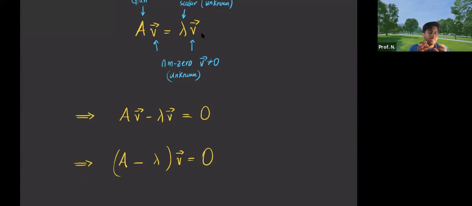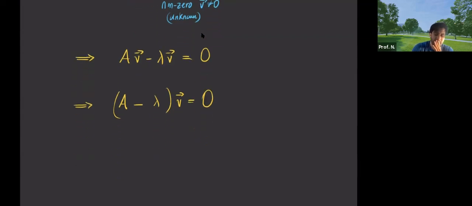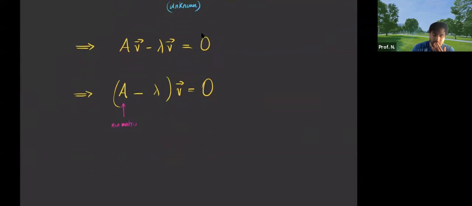So consider what's inside the parentheses and consider what you're subtracting. What are you subtracting? Aren't you subtracting an n by n matrix A? What's lambda again?